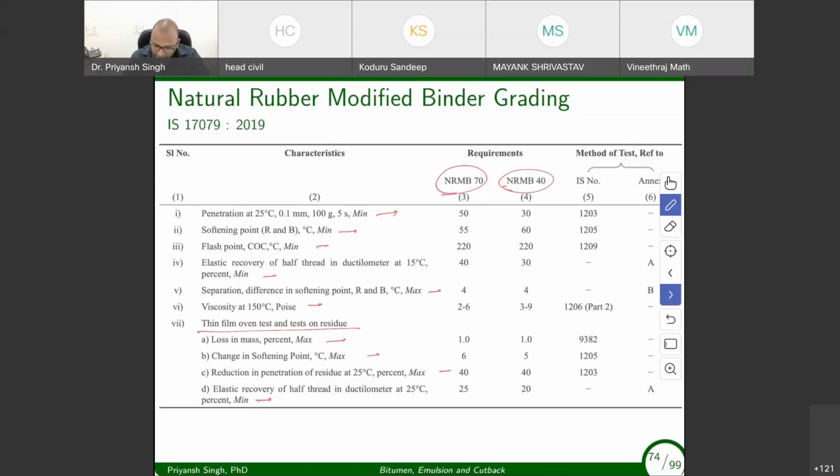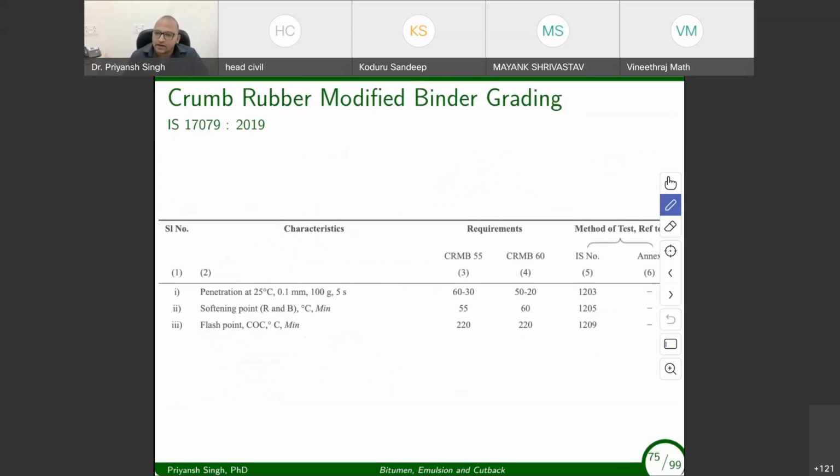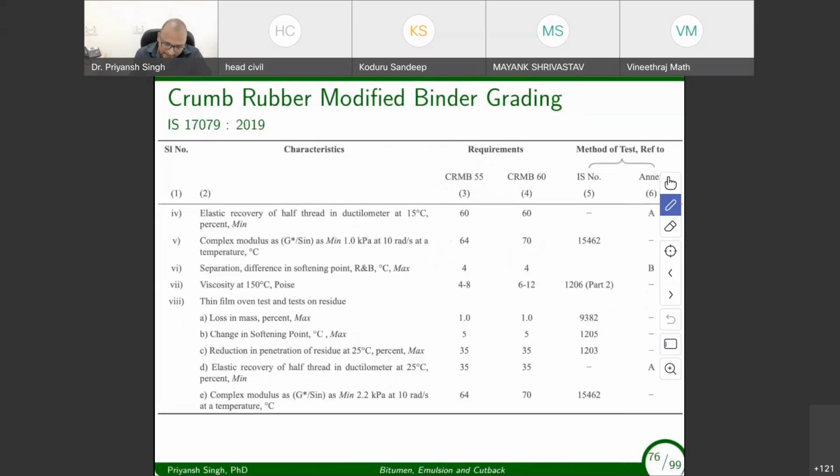Similar to this, we have crumb rubber modified binders. There are two grades, CRMB 55 and CRMB 60. A binder to be graded as CRMB 55 or 60 needs to satisfy different criteria of penetration, softening point, flash point, and elastic recovery. For crumb rubber modified binder, a complex modulus criterion is also taken up.